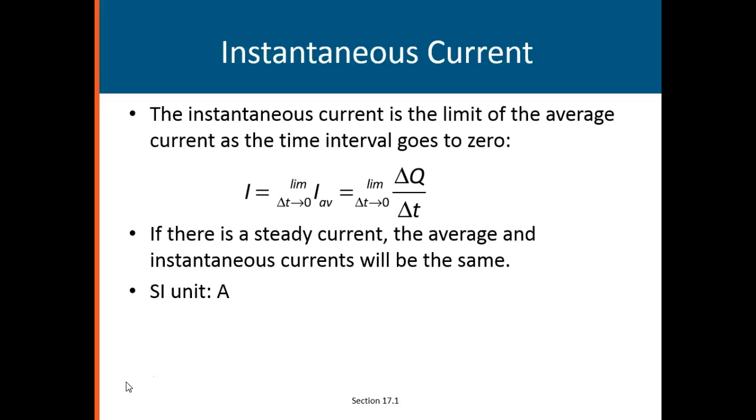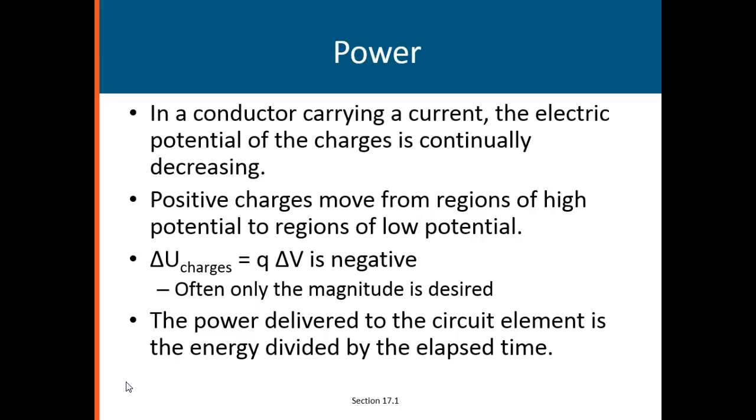Current, exactly. Charge per time, coulombs per second. That's in amps. So what we have over here then is power is equal to amps times volts. Hang on to that idea. We'll be covering that in a later chapter.